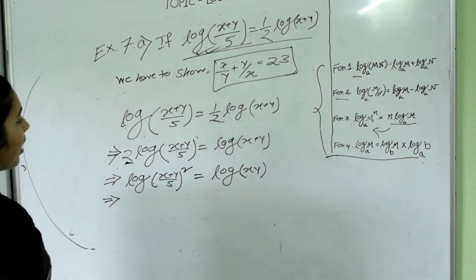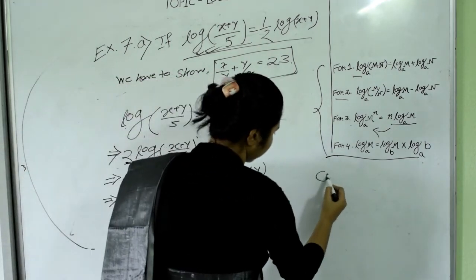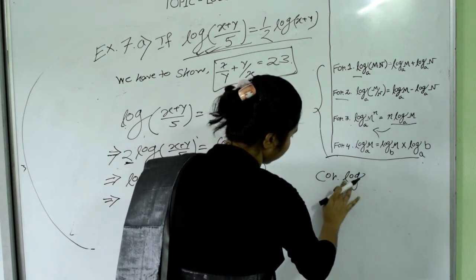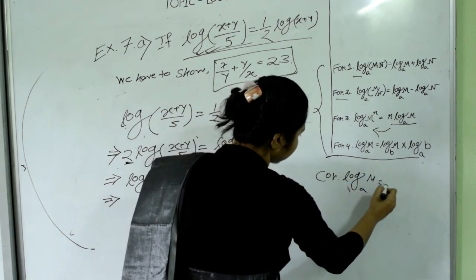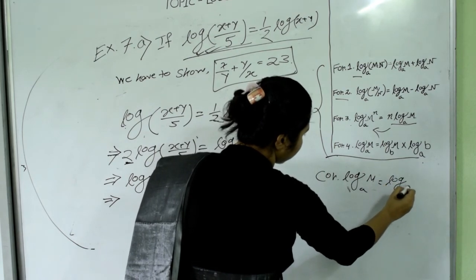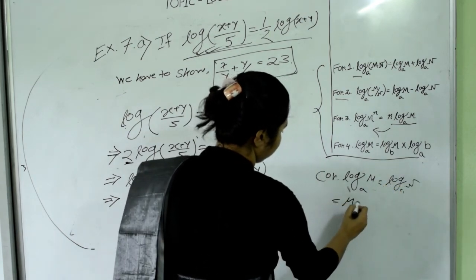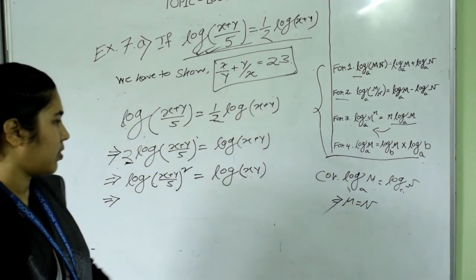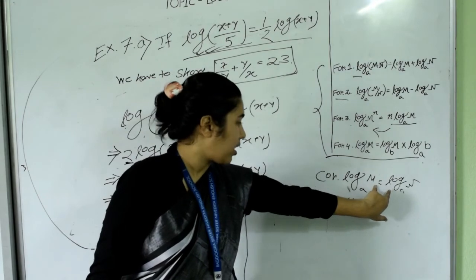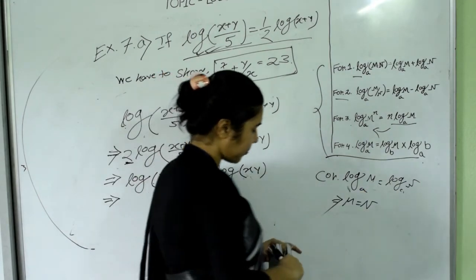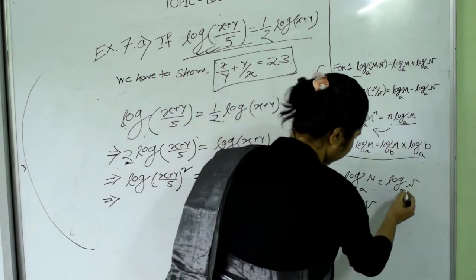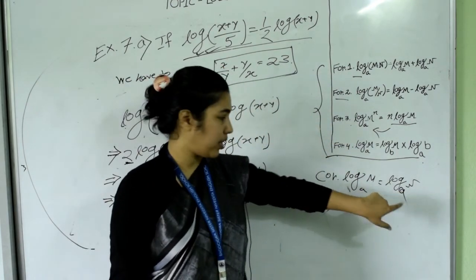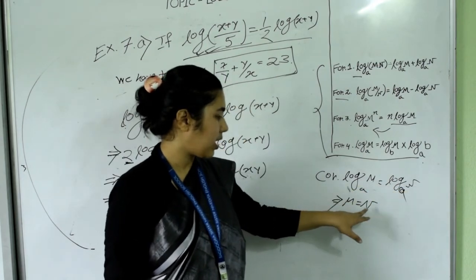Now by our corollary we know that if log of these two terms are equal with same base, this is important, with same base we can equate these values, which is m and n.